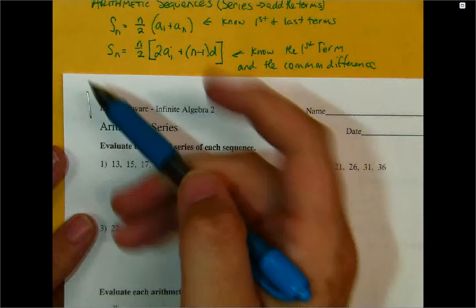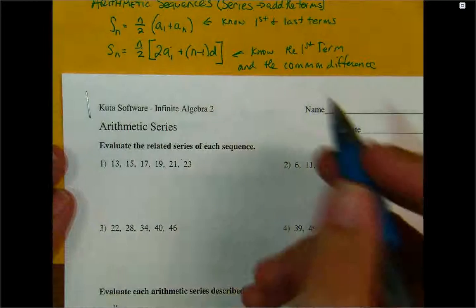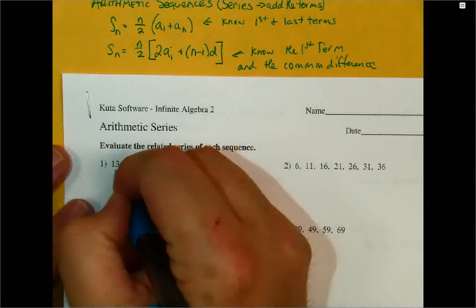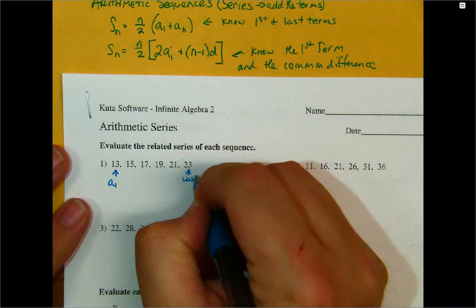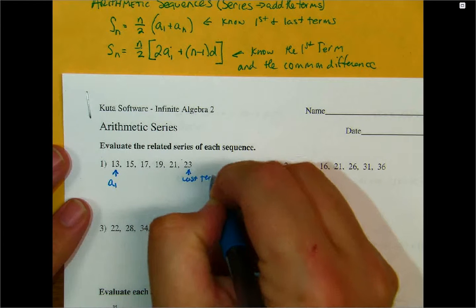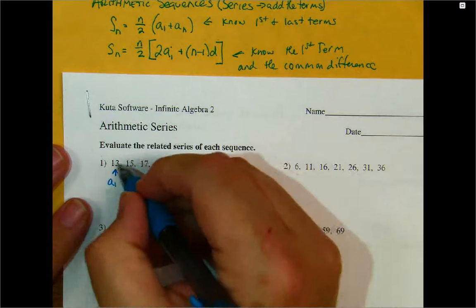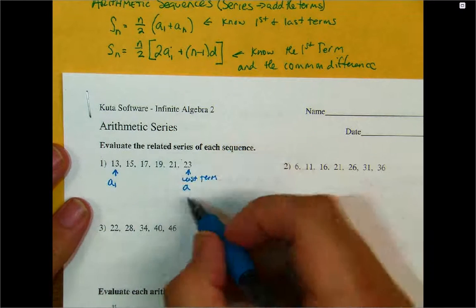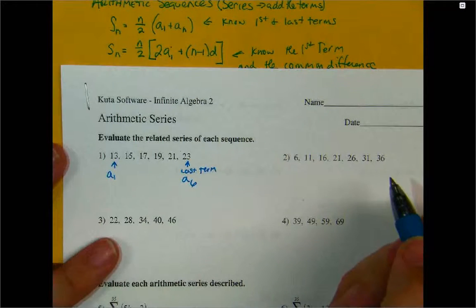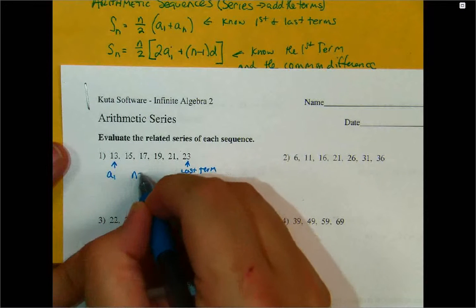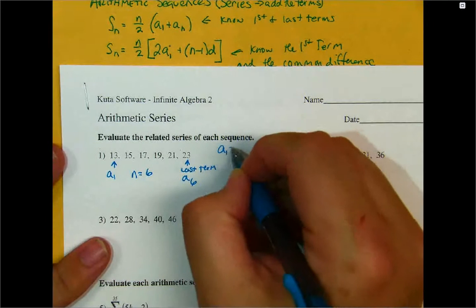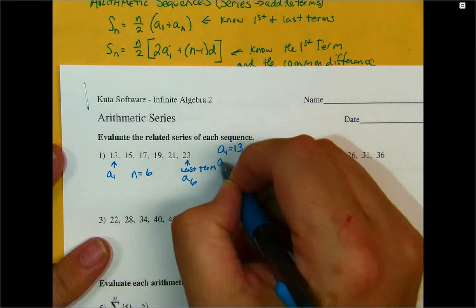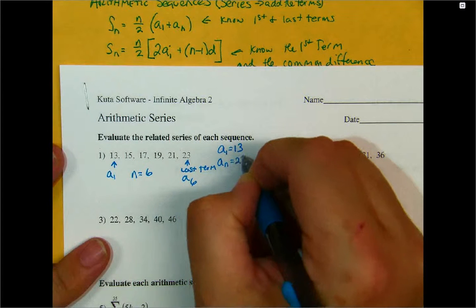This is one where we know the first term, a sub 1, and the last term. 1, 2, 3, 4, 5, 6. So that's a sub 6. So I also know n is equal to 6. So I know a sub 1 is equal to 13, a sub n is equal to 23, and n is equal to 6.